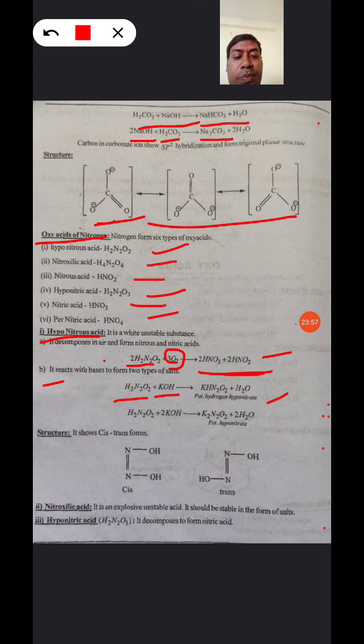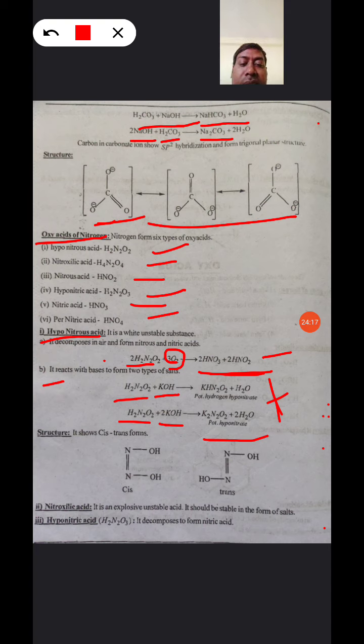The next one: hyponitrous acid reacts with 2 moles of potassium hydroxide and forms K2N2O2, potassium hyponitrate, and the byproduct is 2 moles of water.